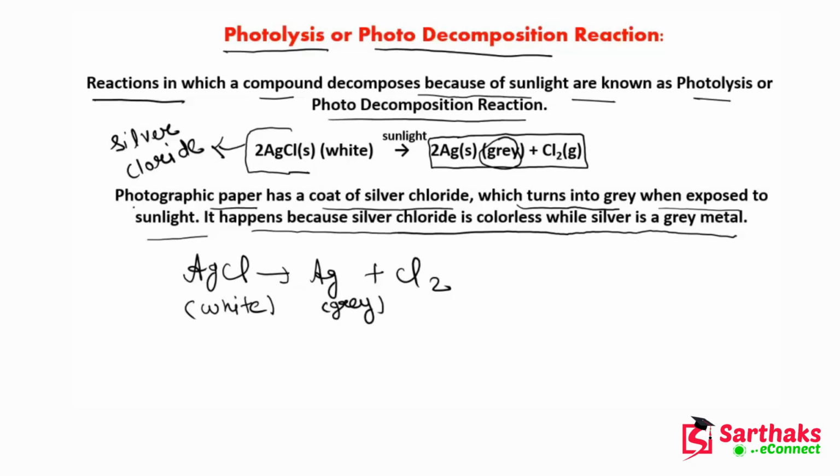So when AgCl converts into Ag, the color of the paper will become gray. That's why photographers used to work in a dark room, because they do not want to break this AgCl which is used in photographic paper.